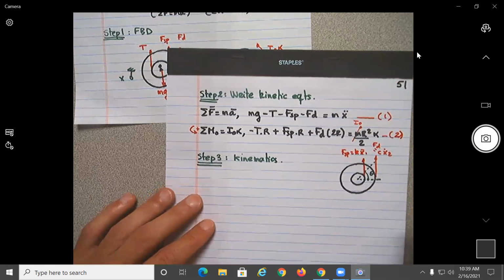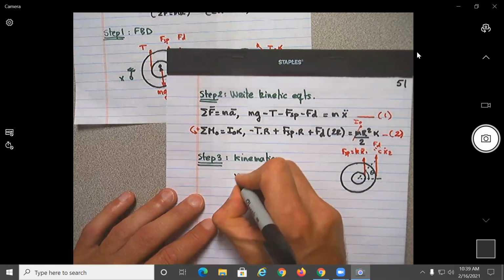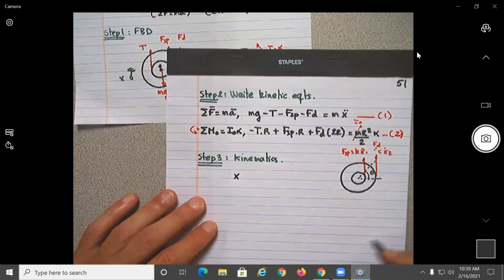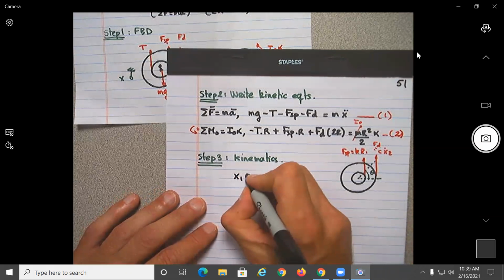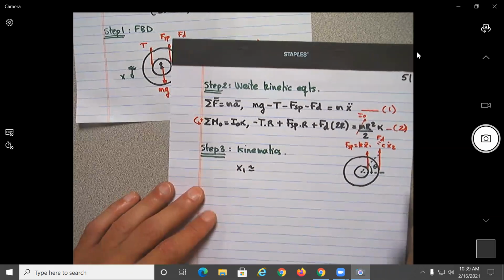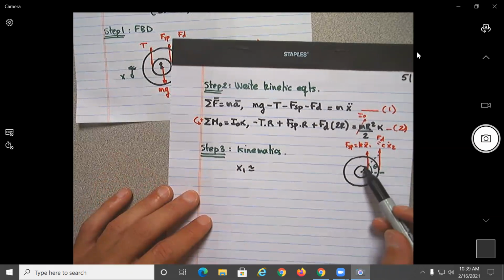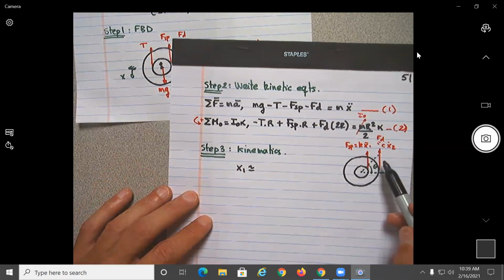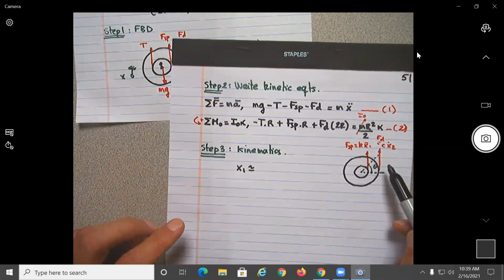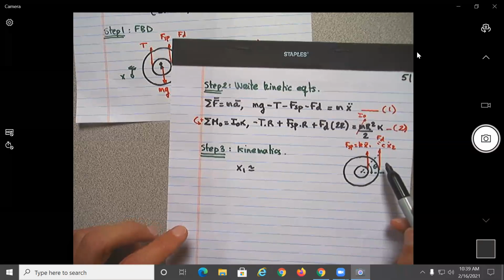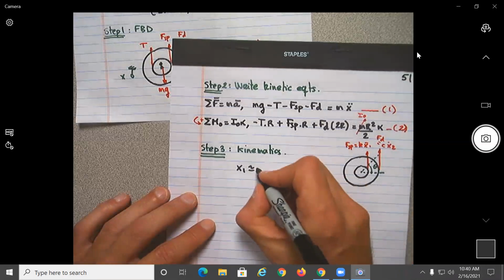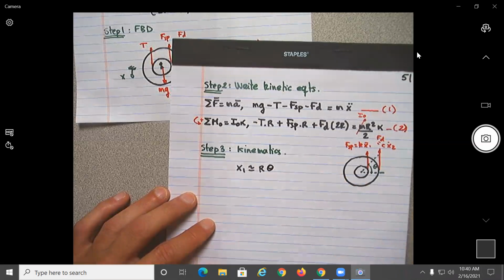So this would be, if you want your additional equation, you could say that from the figure, x1 is approximately or equal to what? It would be equal to r times, what? R times theta.